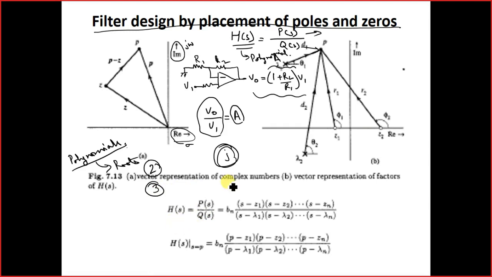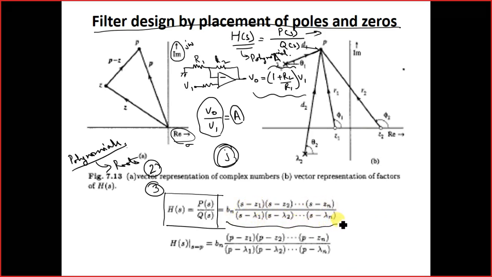So basically when we are talking about this transfer function, we are talking about 2 polynomials. Okay, one is P(s), one is Q(s). Now if I break this down, I get this type of equation. So we are having a number of roots in the numerator and a number of roots in the denominator.